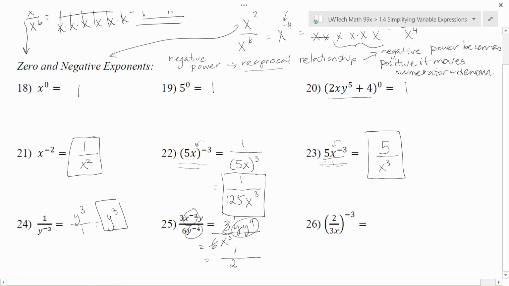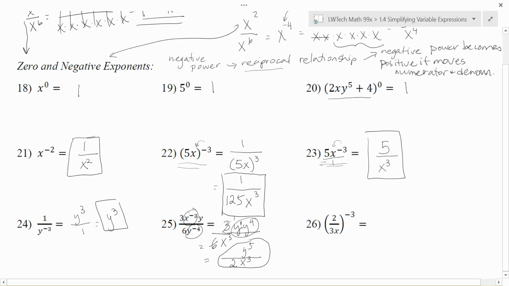Remember, if we're multiplying things with exponents, we add their powers, so that's like adding y to the 1 and y to the 4th, which gives me y to the 5th power on the top. On the bottom, I just had the x to the 3rd. There's nothing that can combine with it. And so my final answer for this, most simplified, would be 1 y to the 5th over 2x to the 3rd. And remember, the ones are optional, and you can leave those out. And so I could rewrite that just as y to the 5th over 2x to the 3rd, and that would be a good solution for that problem.